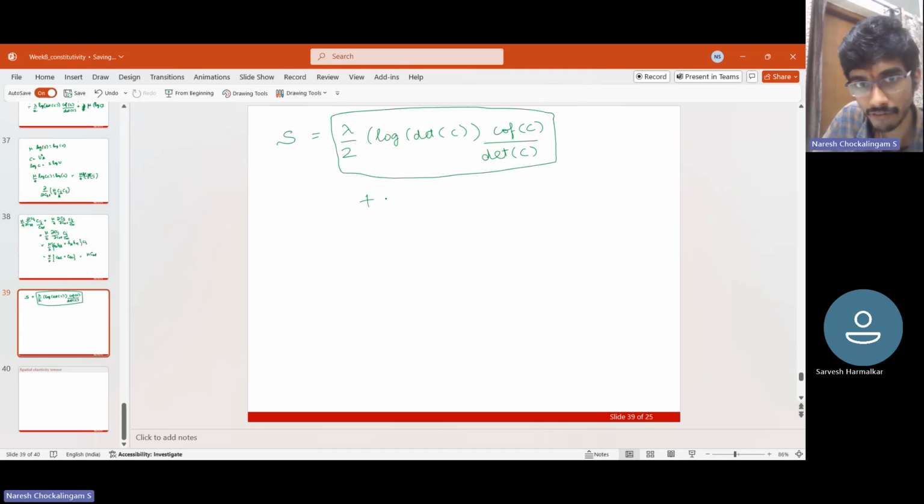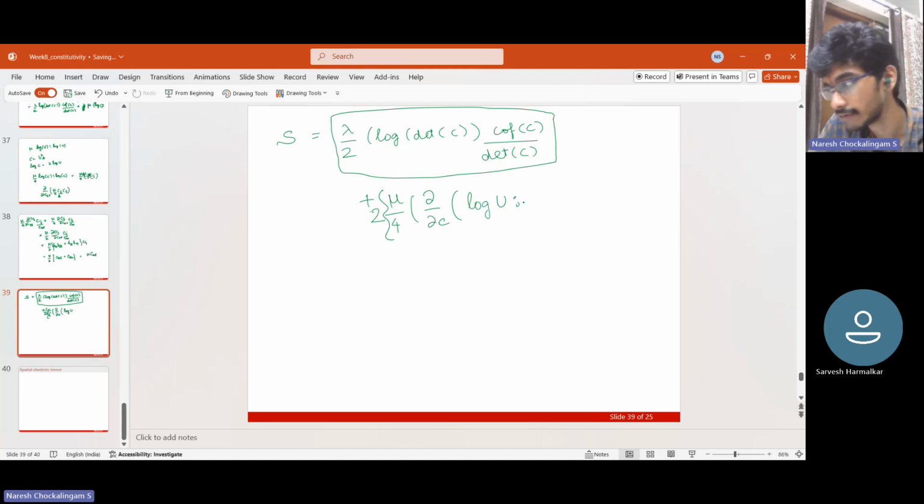Plus we have a mu by 4. We have a 2 times mu by 4. So the 2 comes from the differentiation with respect to C. We have a 2 times dou W by dou C. So mu dou by dou C of log U inner product with log U.